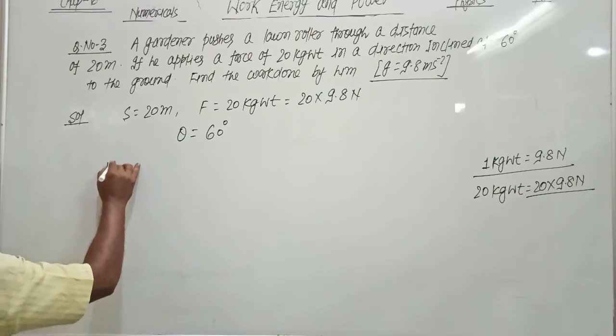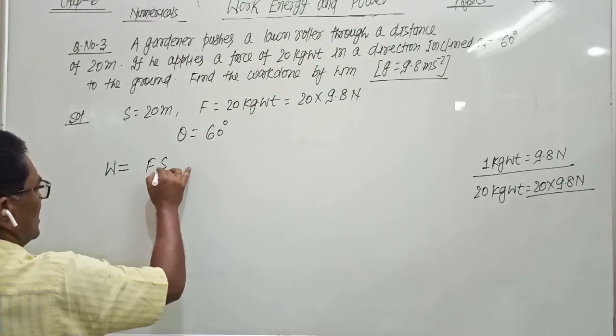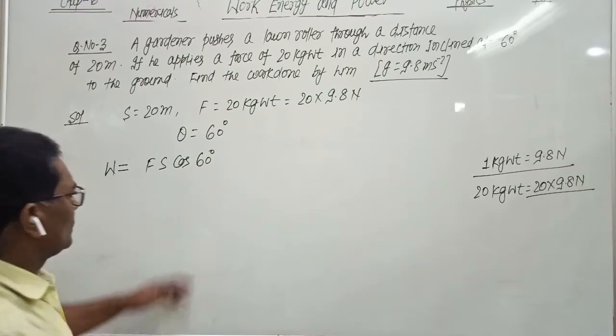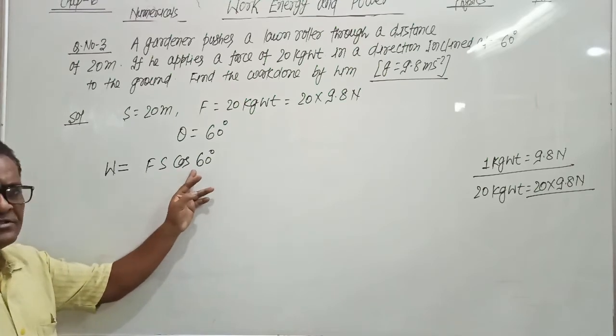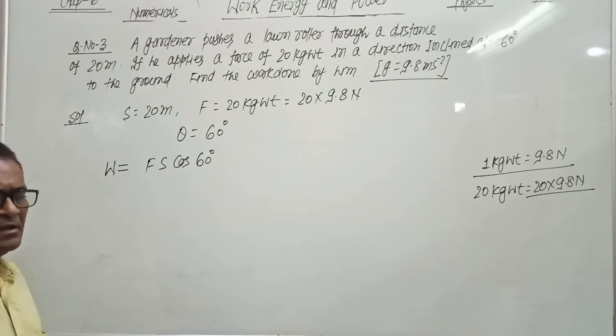So we use the formula W equals F cos 60 degree into S, or F S cos theta. F cos 60 degree is the horizontal component of the force, and S is the displacement.